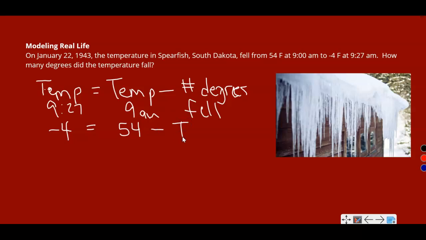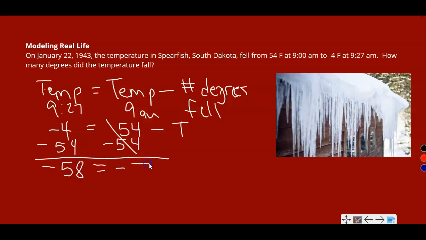All right, so what we can do is, since this is plus 54, we can subtract 54 from both sides. So we've got -4 minus 54, which is -58. And that equals minus T. Now remember, we want the temperature, not negative T, but just T. So divide by -1.